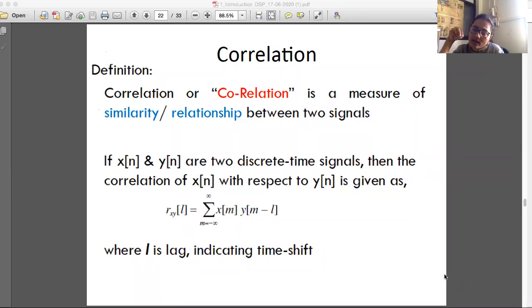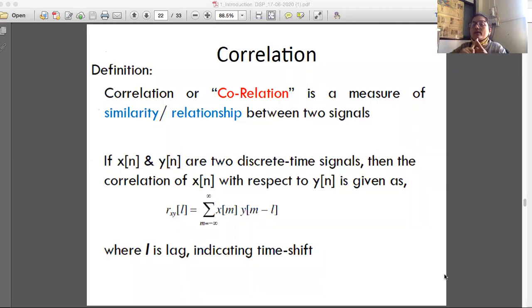So in radar signal operation, the key role performed is the correlation operation. In order to find out matching between two signals, the correlation analysis is performed, right? This is the important aspect of understanding the correlation operation. The correlation operation is used to find out the similarity between two signals.